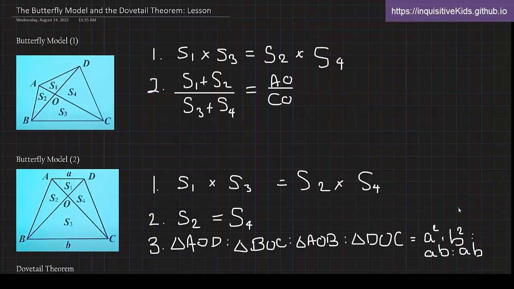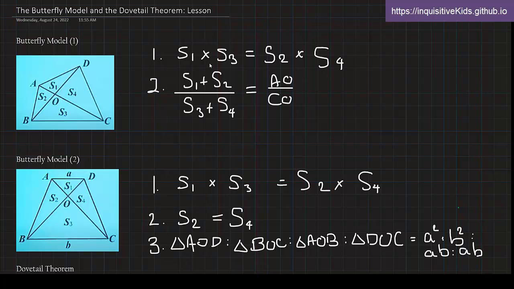Well, our first one is the butterfly model number 1, and as you can see, it is a quadrilateral split into 4 parts, 4 triangles. So quadrilateral ABCD is split by 2 lines from BD and AC intersecting at O, and you have S1, S2, S3, and S4.